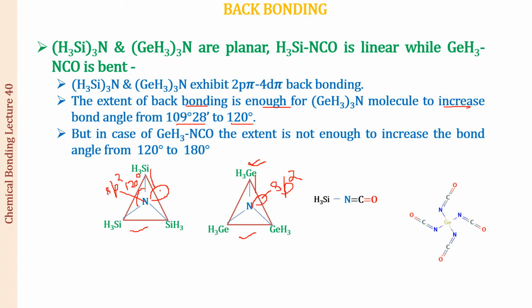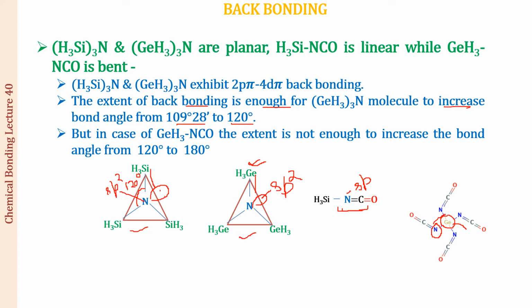But in case you look at the next molecule, silyl isocyanate, here nitrogen is involved in back bonding. So this is sp nitrogen and this is a linear structure. But when we move on to germanium, nitrogen and germanium, what will be the nature of the back bonding? It is a 2p pi 4d pi back bonding.